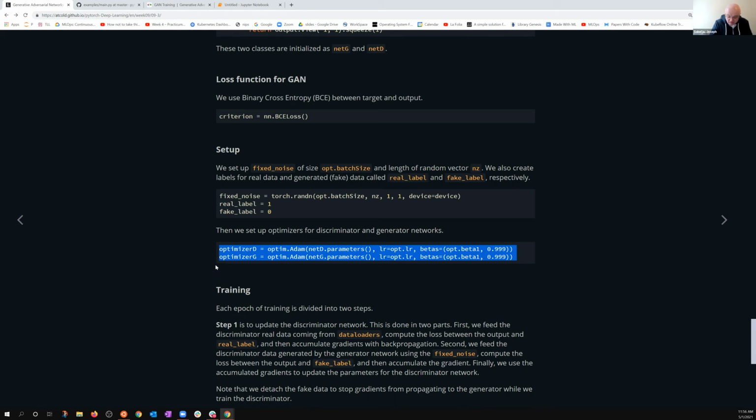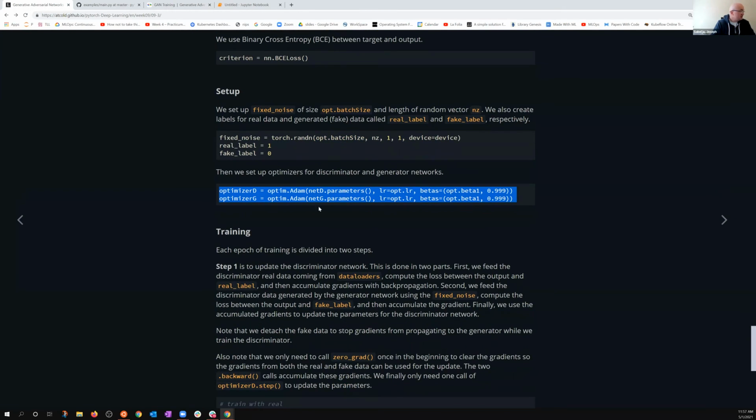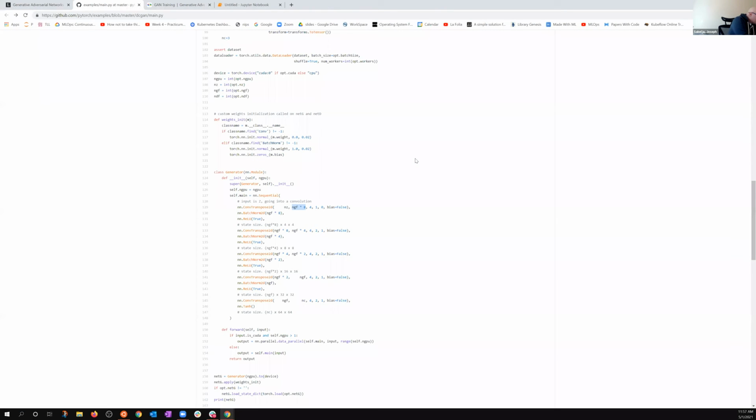One thing he did mention was that when we train the discriminator, when we're using real data, we detach. This is what confused me a little bit, so I'd welcome feedback on this.